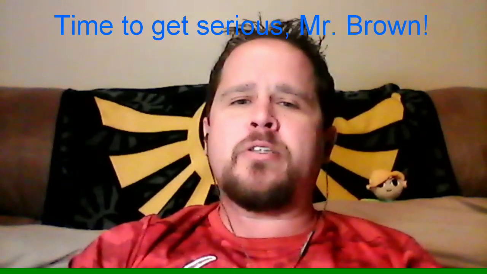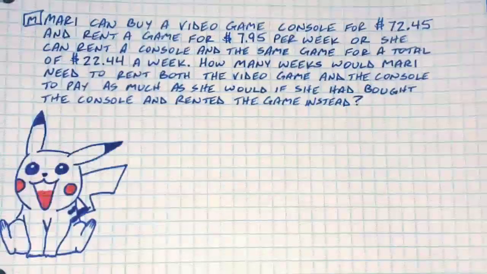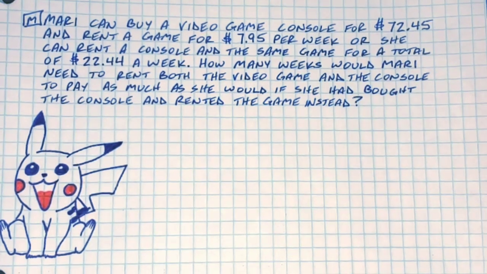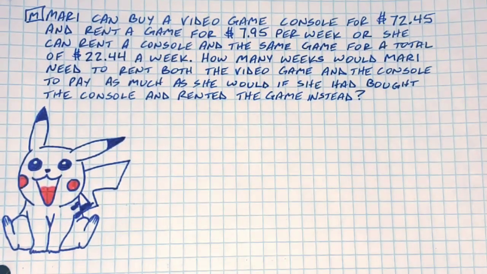All right, seriously though. We are going to solve a real-world problem using these same skills. We want to price compare two different options and figure out when those two options come out to equal the same amount. Let me read this problem for you. For this last one, Mary can buy a video game console for $72.45 and rent a game for $7.95 per week.